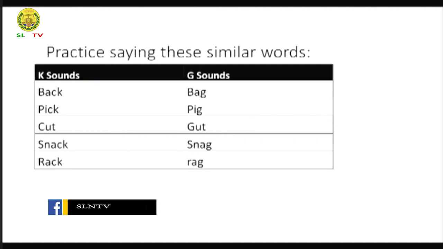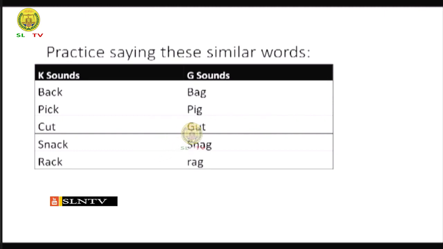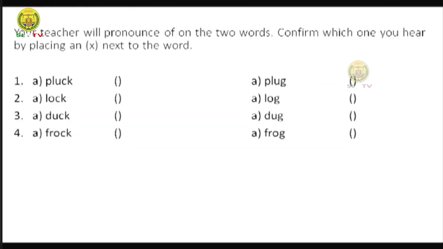There is also a similar sound. Cut, gut. So both words end with at. Snack, snag. Also a similar sound at the end of the word. Rack, rag. Also similar sound.